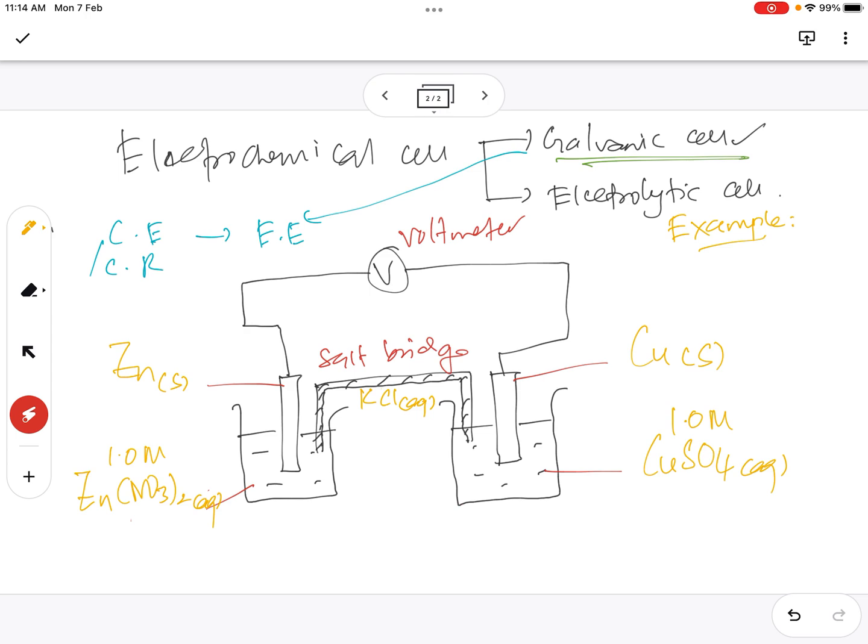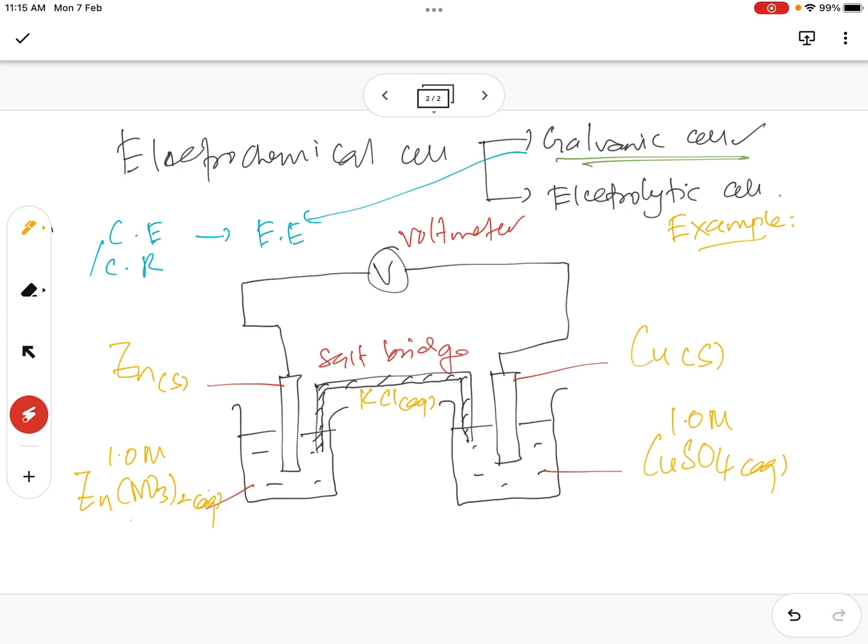Okay. All right. We can see what happened during the operation. What will happen during the operation when we have this galvanic cell. Just a moment. So if you look at the component, I already explained about the component. Maybe we look at function.